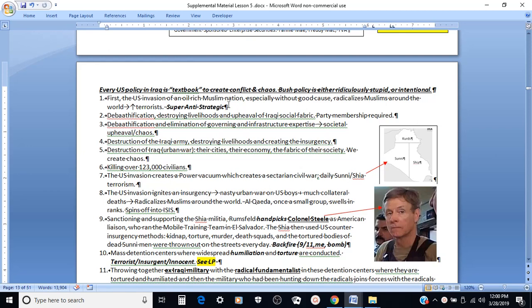Then the next thing we did was de-Baathification. All right? And what that means is anyone who was part of the Baath Party no longer has a position in government. And the thing about it was that if you want a position in government, you pretty much had to be a member of the Baath Party. So you're clearing out the government. You're clearing out big swaths of people whose livelihoods are based upon it. Not just government administrators directly, but anyone who's involved with the government.